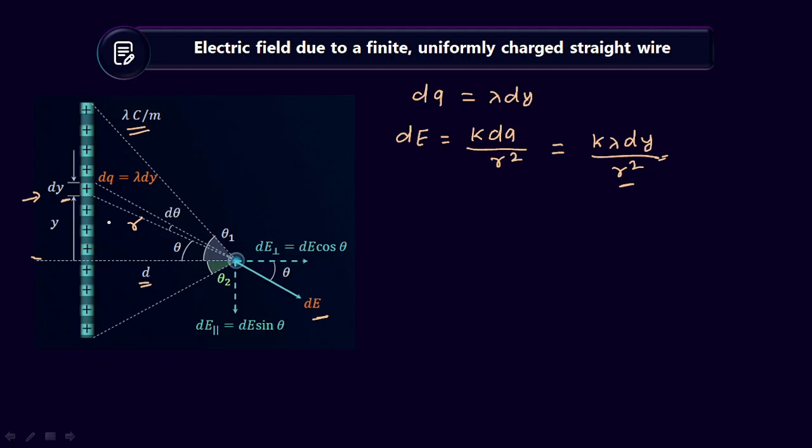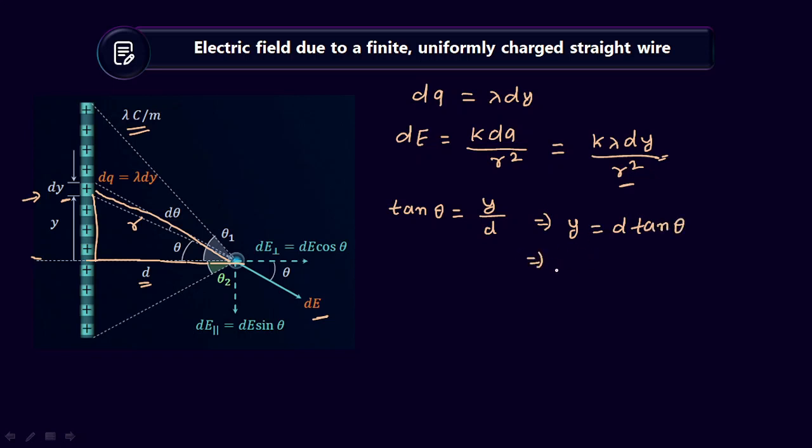If you consider this angle, can I say that tan theta will be equal to y by d? So from here, y will be equal to d tan theta, right?